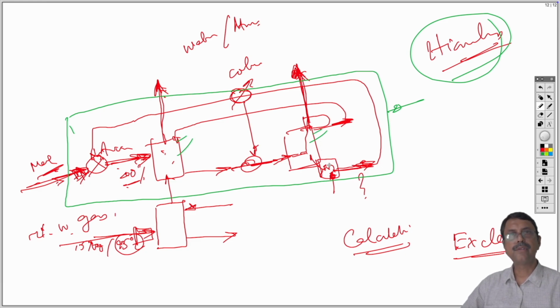So we'll go step by step. First, we will take a flash tank, simulate it. Then we'll go to an absorber, simulate it. Then we will take the stripper, simulate it without the closed loop. We will simulate in the open stream, and then we will close the loop. We will add a makeup stream.